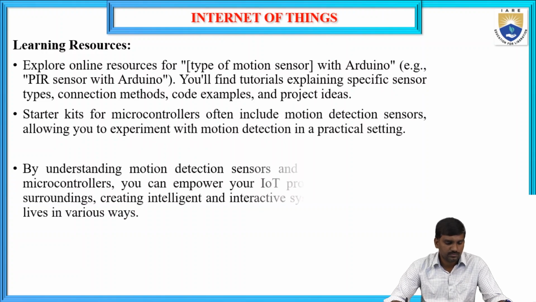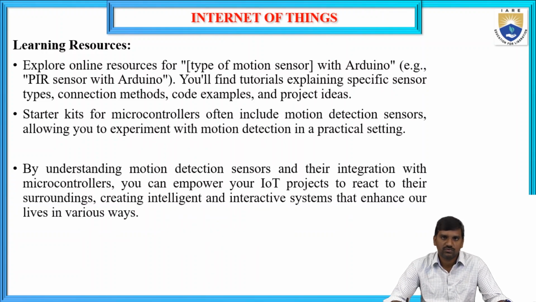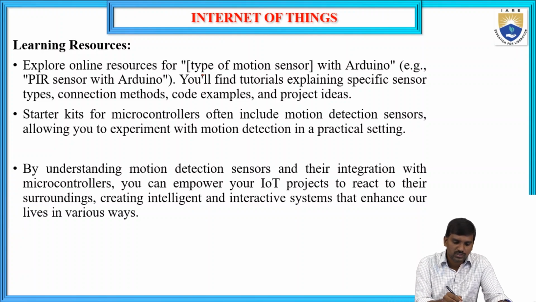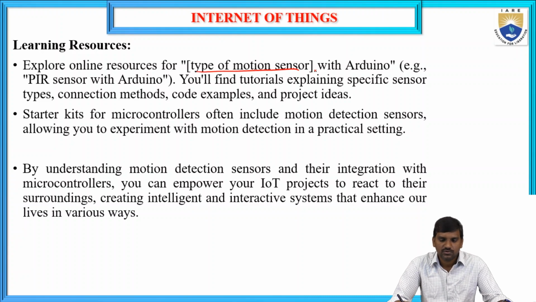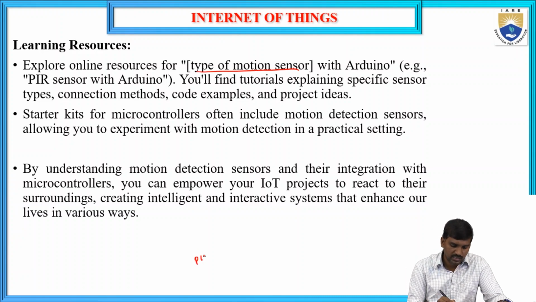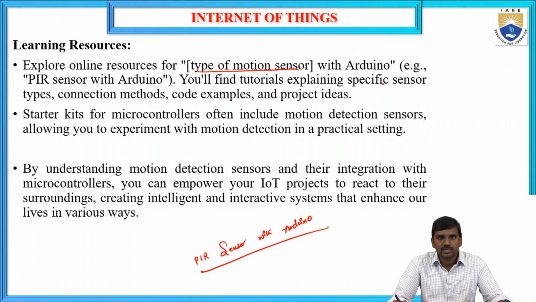Next one, these are some learning resources for this activity. You can explore online resources for types of motion sensors with Arduino. For example, PIR sensor with Arduino. Just type that, and you will find tutorials explaining specific sensor types, connection methods, code examples, and project ideas.